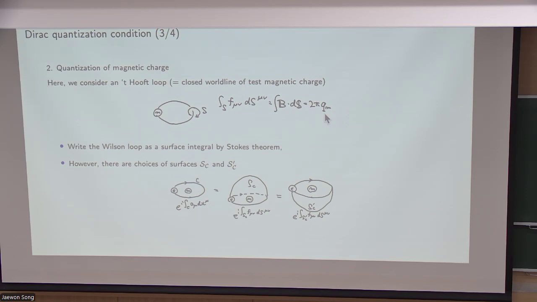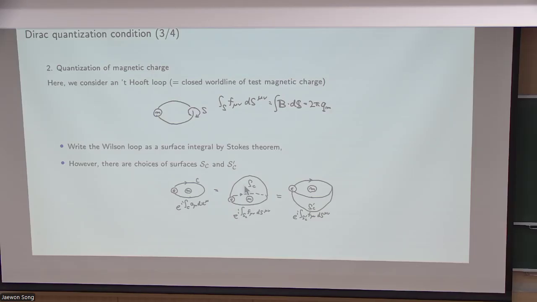To consider the quantization, we consider the Wilson loop again, in the presence of the magnetic monopole. Since this is a closed line integral, this Wilson loop can be expressed in terms of the surface integral by choosing an auxiliary surface.